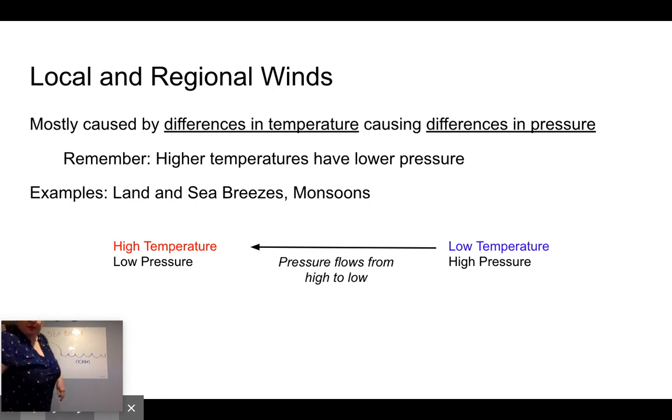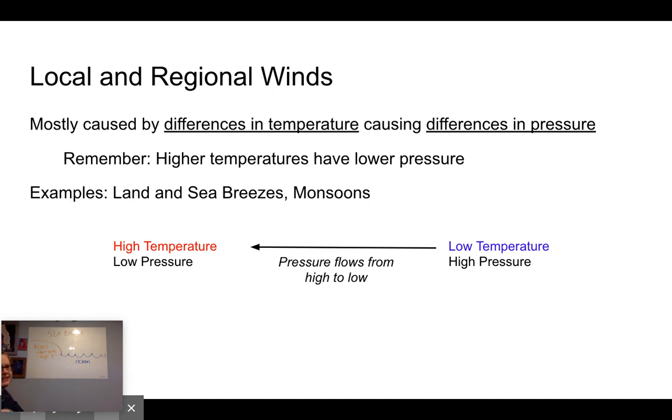Now, as we just talked about, I'm going to need to find a way to make the pressure between the beach and the ocean different. So, during the day, the sand is incredibly hot. So I've got hot sand, which means that I have high temperatures.